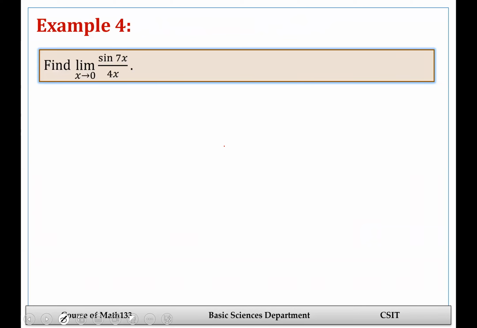Look at this example here. We want to find the limit of sine 7x over 4x. When we substitute x equal to 0, of course, we will find 0 over 0, an indeterminate form.